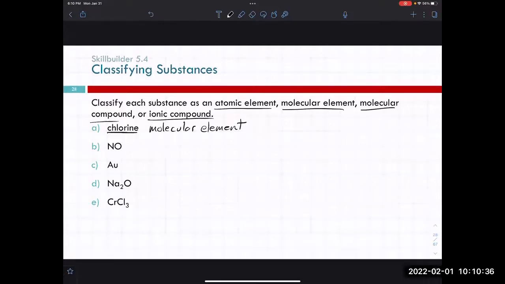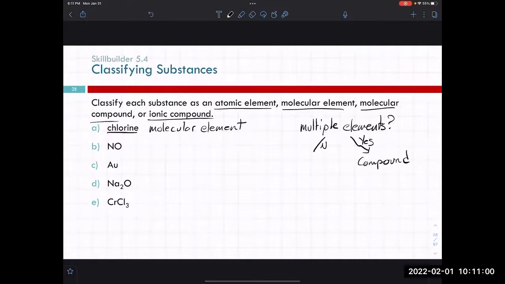If it's not on that list, it's atomic. For other things, our first check is multiple elements? If we say yes, then it has to be a compound. If the answer is no, then it has to be an element of some kind.